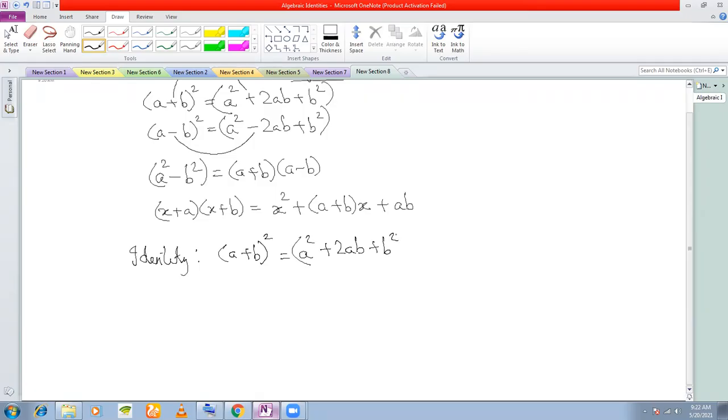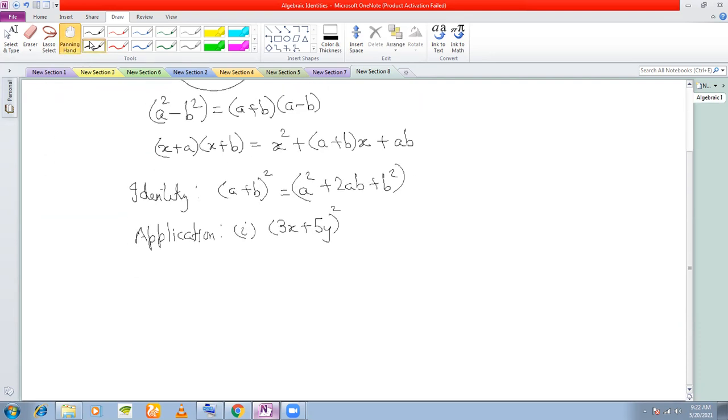Application. First one. Suppose I have to expand, I have to write this 3x plus 5y whole square. How do I write this? Now we'll use this.